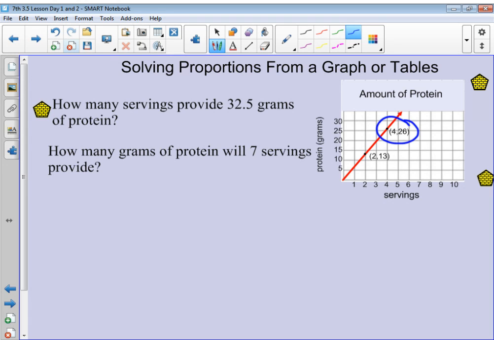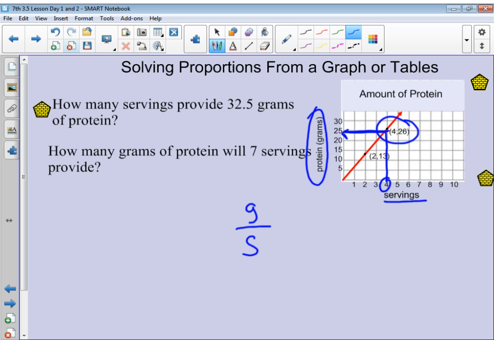So I've got a 4, 26, and my 4 is representing my servings. And if I go over on my dot, my 26, granted it's not on my thing, but it does tell me it's 26, a little above that 25 is my grams of protein. So if I do grams per serving.